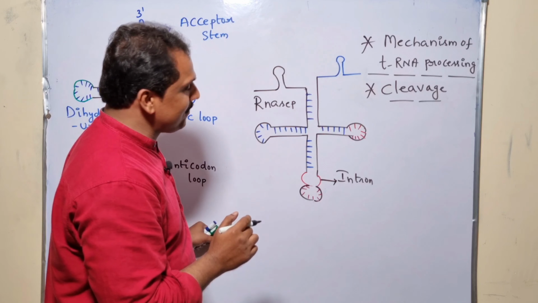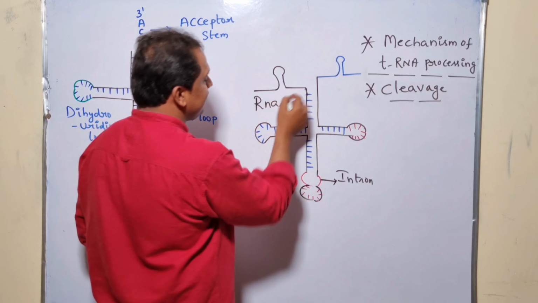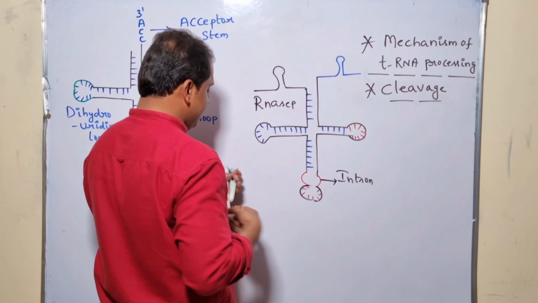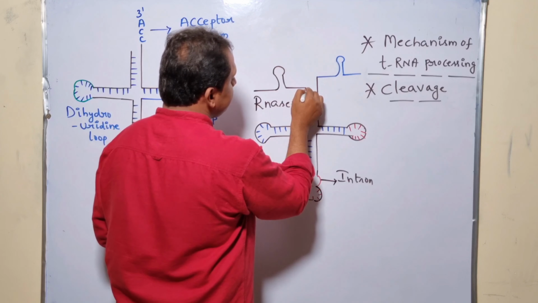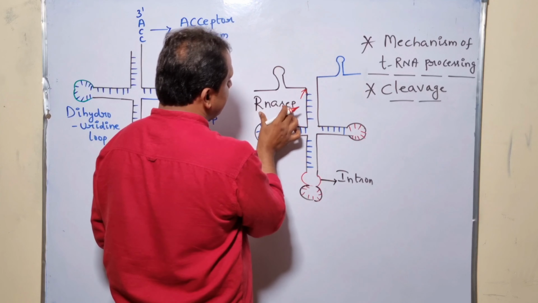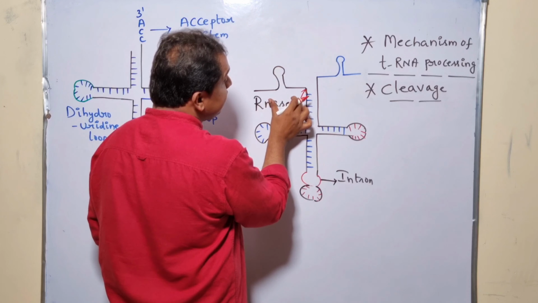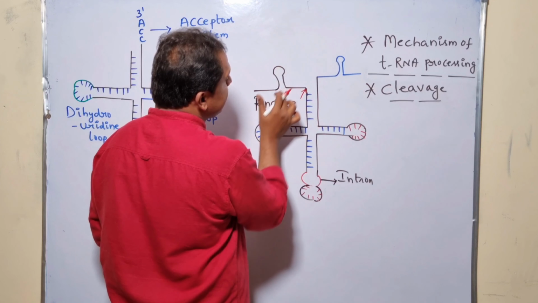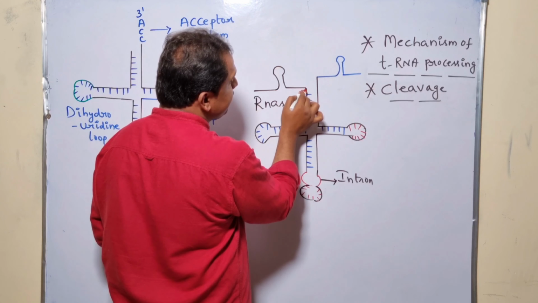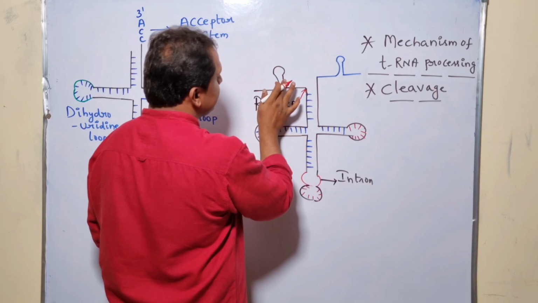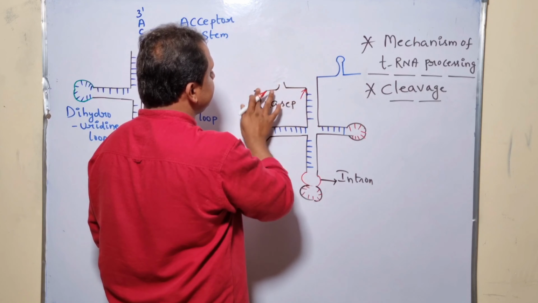Is it clear? So let me arrange the things here. The RNase P successfully cleaves the extra nucleotides exactly at this particular position.